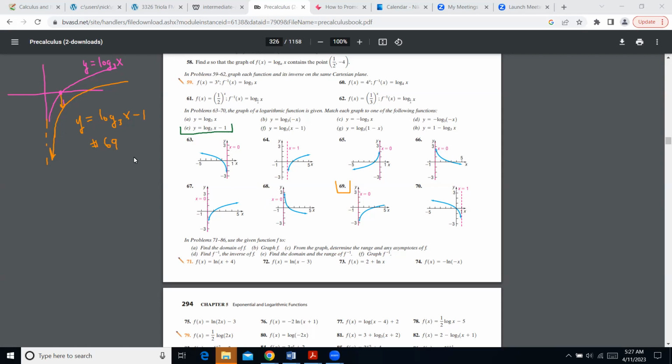So graphs of logarithms were introduced. The key part was to realize that the domain for those functions was positive.